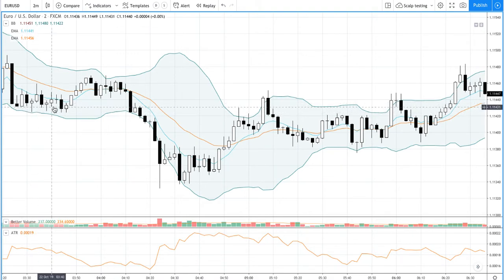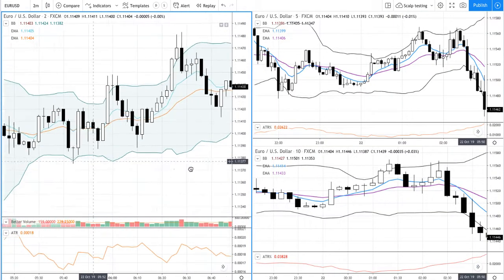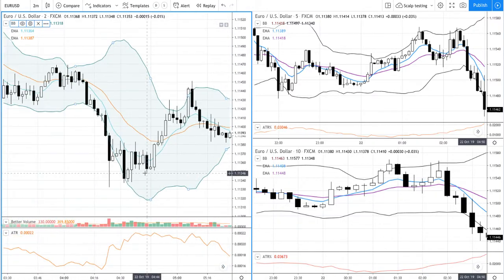So here we have a very interesting mean reversion setup because it's a very tiny range. We check the confirmation evidence. Where are we?